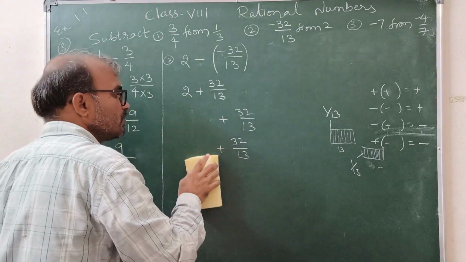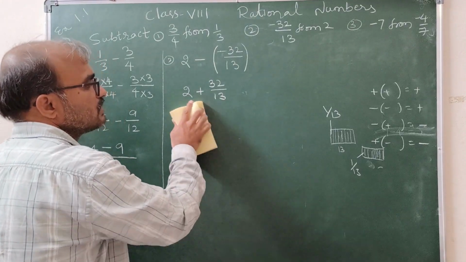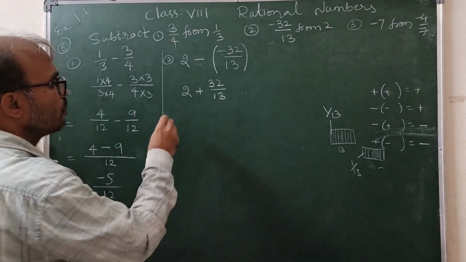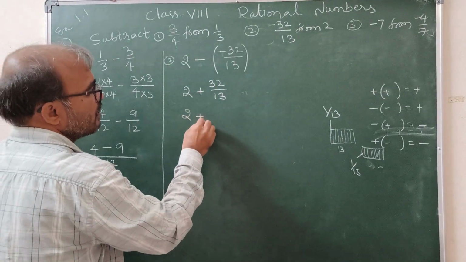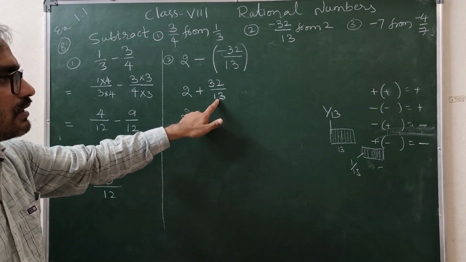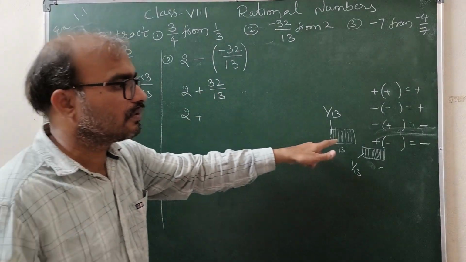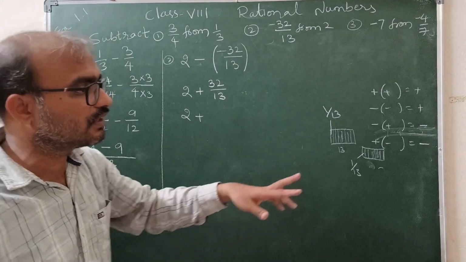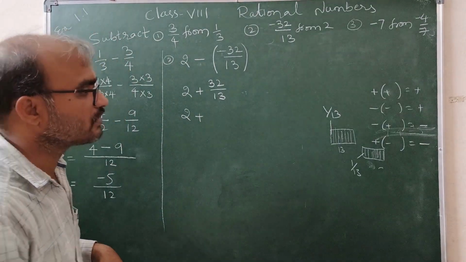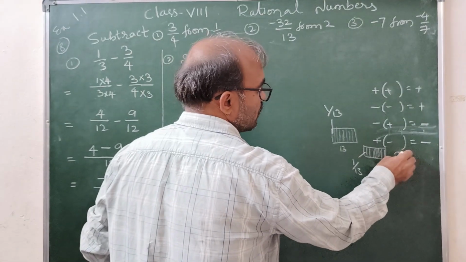What you have to do here is, this is an improper fraction. Just now we have discussed, in one whole 13 parts are there. In two wholes 26 parts will be there. If you take three wholes, such 13s, 39 parts will be there, right?